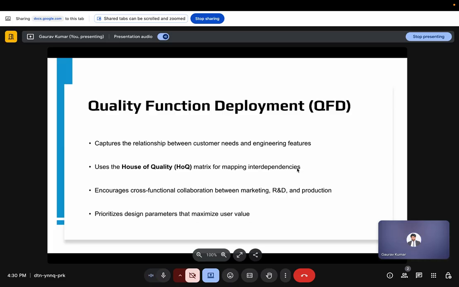This breaks down silos in decisions. The correlation matrix, the roof, reveals parameter conflicts and synergies, guiding trade-offs early, so we avoid late costly compromises. QFD elevates quality by aligning design energy with customer leverage points.